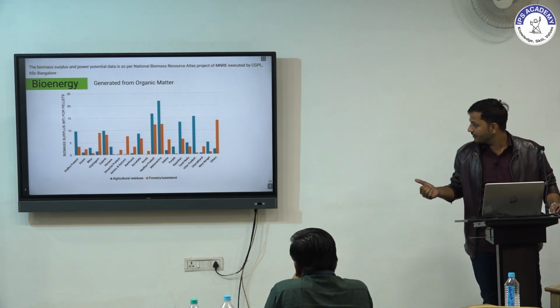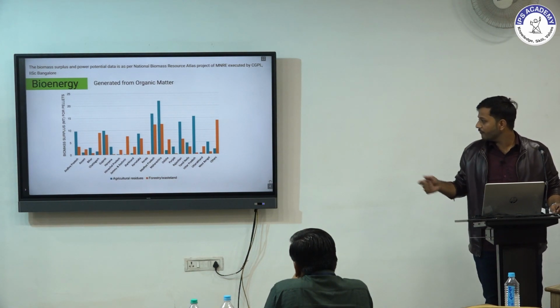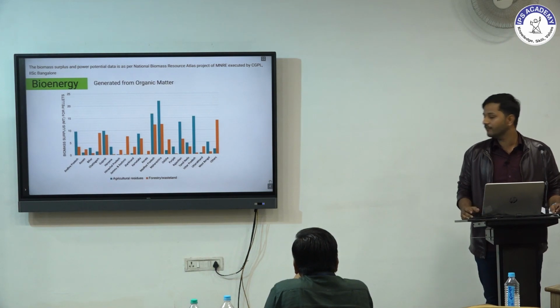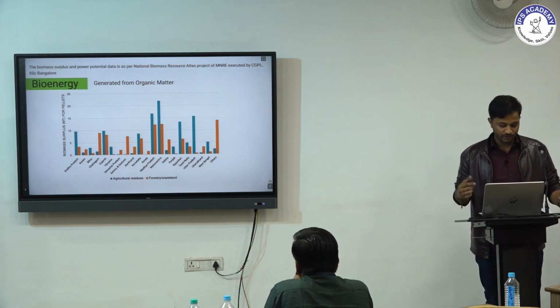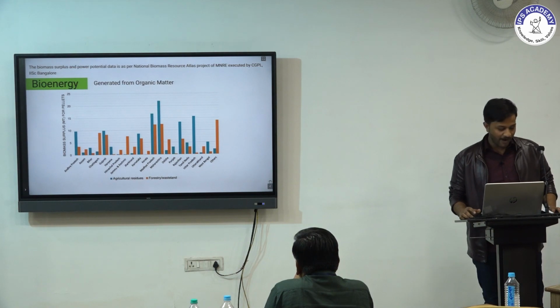So in Madhya Pradesh, we have good agriculture residues and forestry land which we can use to convert into bioenergy.